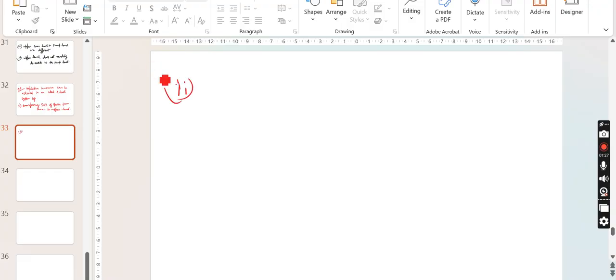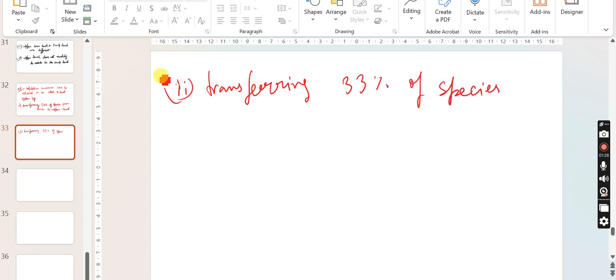Secondly, transferring 33% of species from source to upper level.